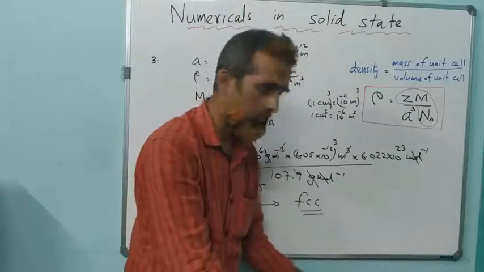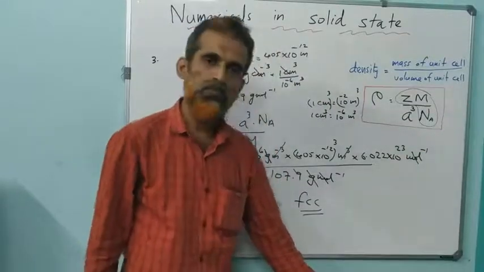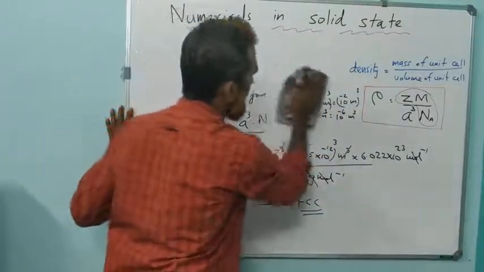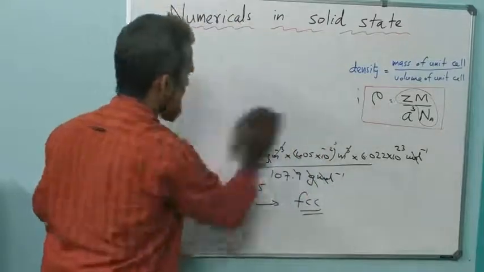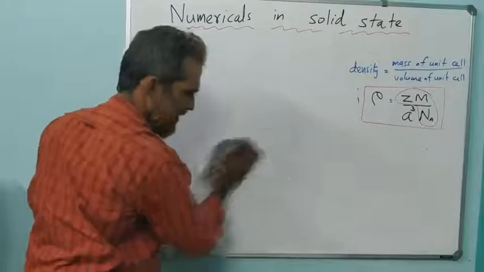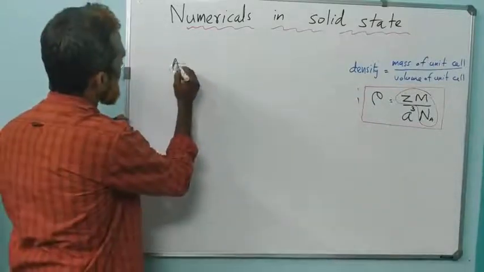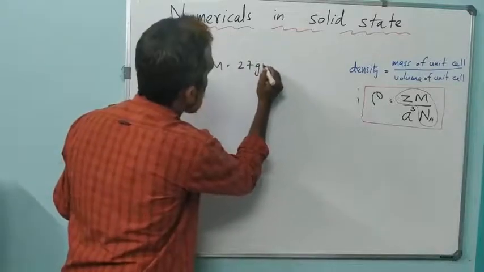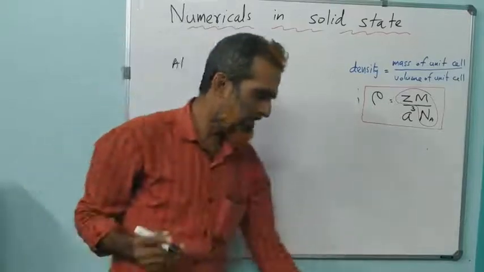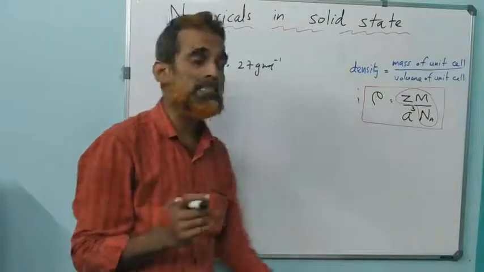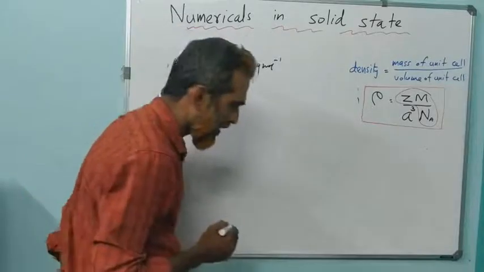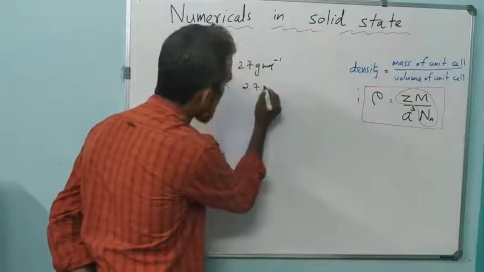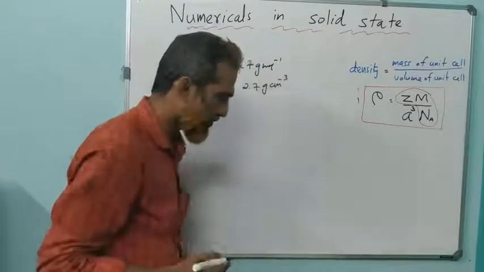Take down the homeworks. The first one, the density of aluminium, atomic mass or molar mass is given as 27 gram per mole, which crystallizes with an FCC lattice, is found to have a density of 2.7 gram per centimeter cube.